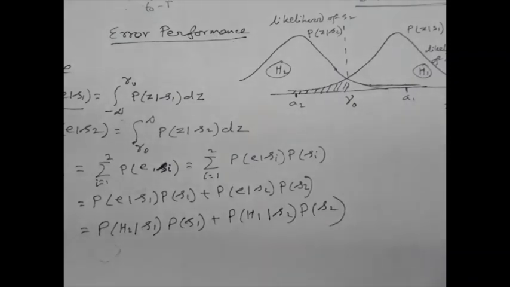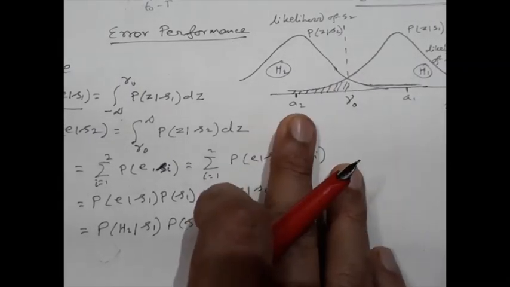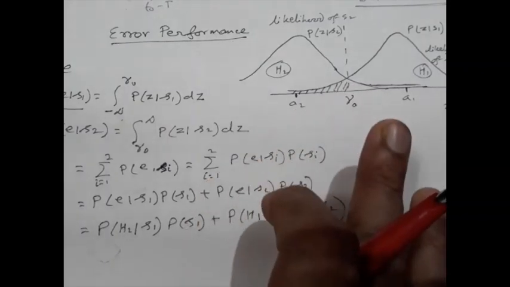That is, given that signal S1 was transmitted and error results in hypothesis H2 is chosen, or given that signal S2 was transmitted and error results in hypothesis H1 is chosen.